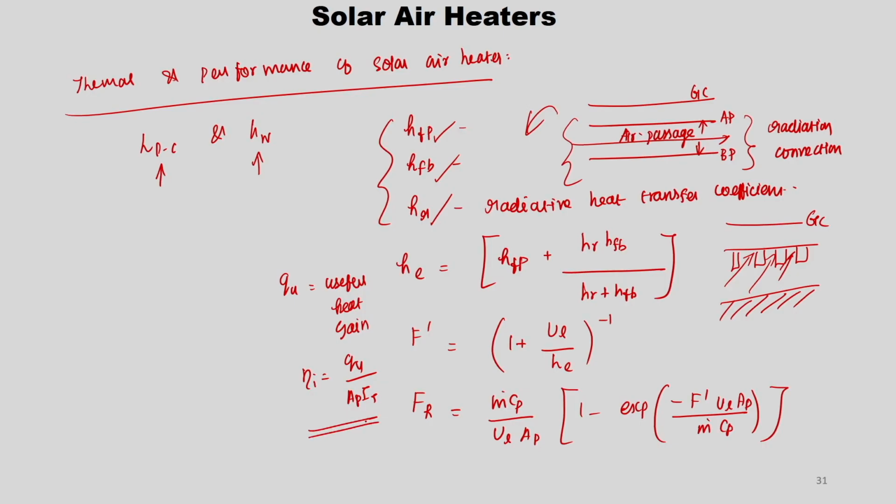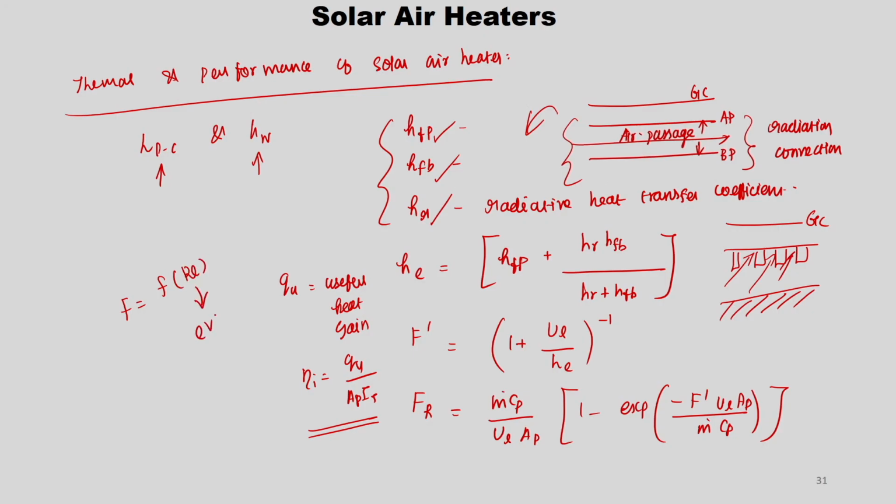It is not only the instantaneous efficiency of the air heater that is important, you are supposed to calculate the pressure drop as well. As I said earlier, the blower is used to send the air inside the passage, so we need to be careful about the pressure difference. For that you are supposed to calculate the friction factor, which is again a function of Reynolds number.